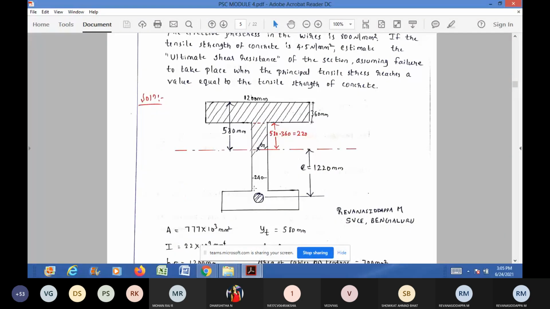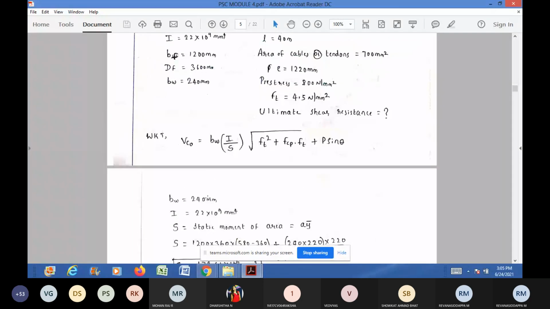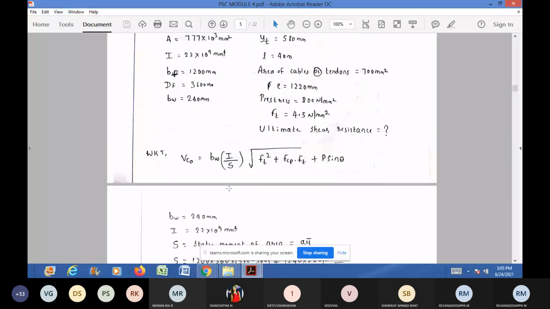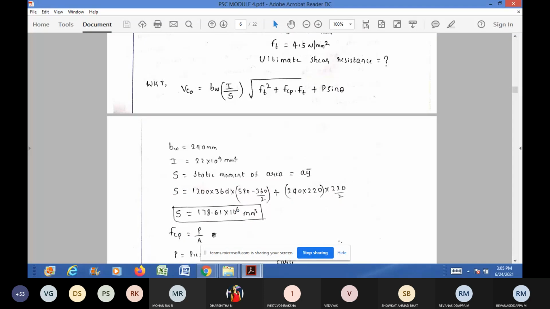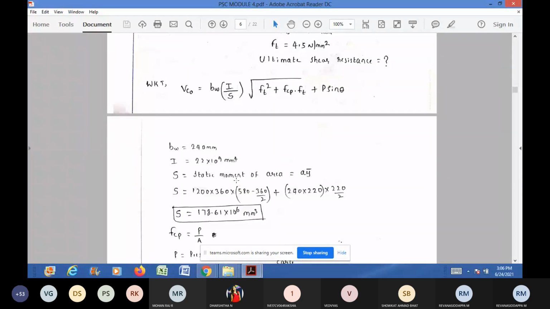The same calculation I have written here. Area of flange about the centroid of the figure. Area of flange is 1200 into 360, into perpendicular distance. I considered a total distance 580 minus 360 divided by 2, from which I get distance of centroid of flange from neutral axis.